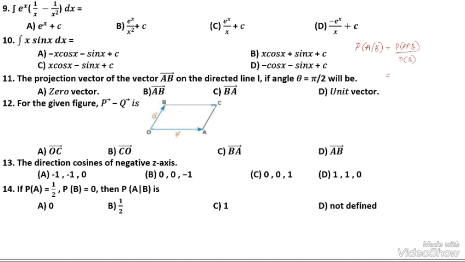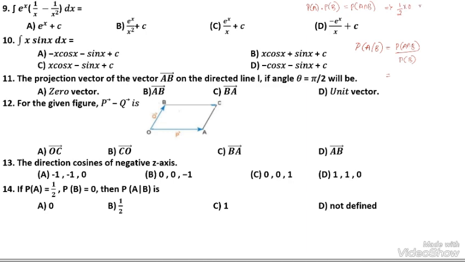Probability of A intersection B is not given. But we know the property that when two events are mutually exclusive or independent, probability of A times probability of B is equal to probability of A intersection B. By this property, I can write that probability of A intersection B is, what is the probability of A? 1 by 2 into probability of B, 0.